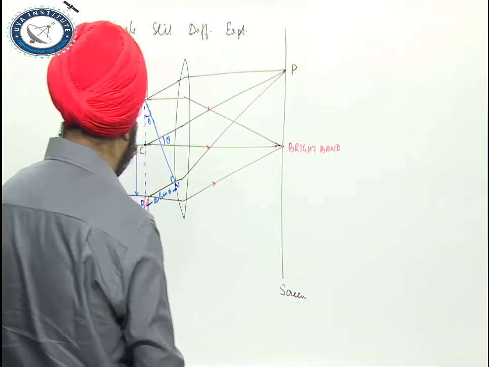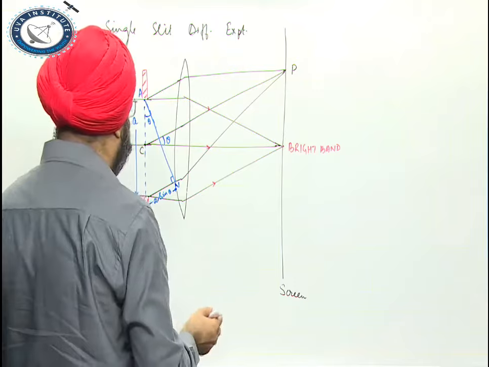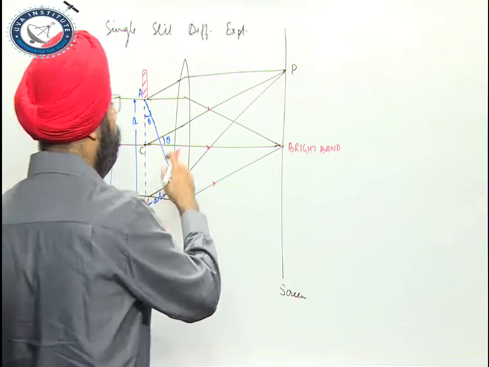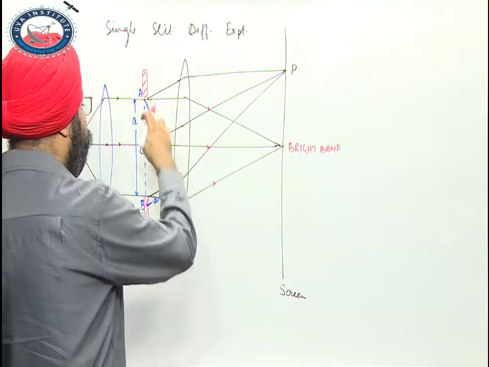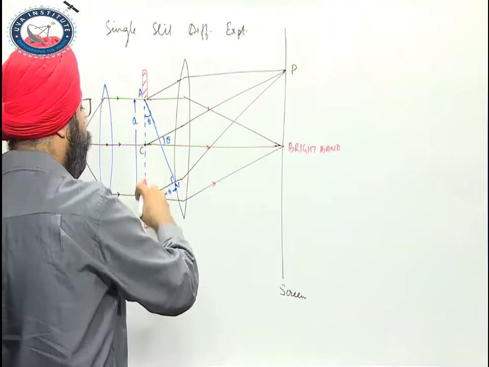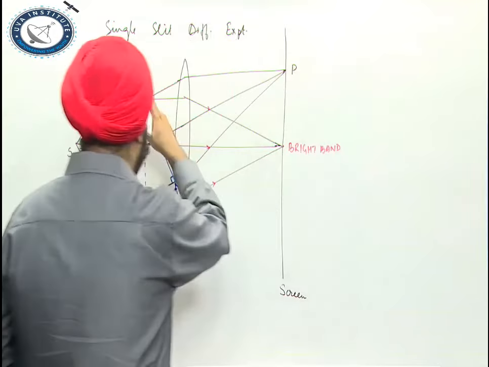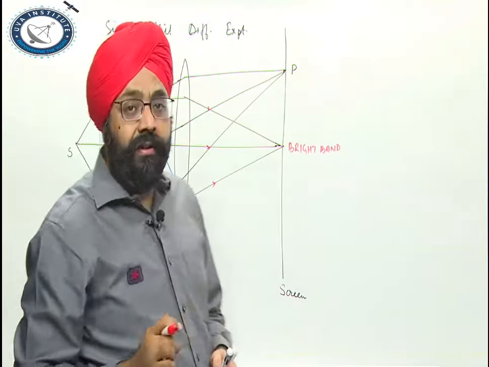So my path difference is A sin theta. And let us say the points from A to B which are reaching P have a path difference of lambda.